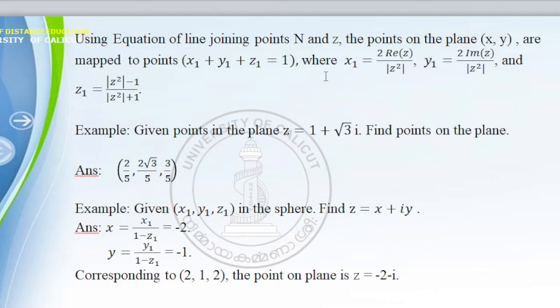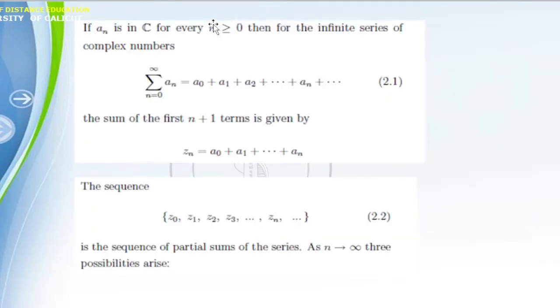If an is in the complex plane for every n greater than or equal to 0, then consider the infinite series of complex numbers, sigma n from 0 to infinity of an. That is, the series is a0 plus a1 plus a2 plus, and so on, plus an plus and so on.